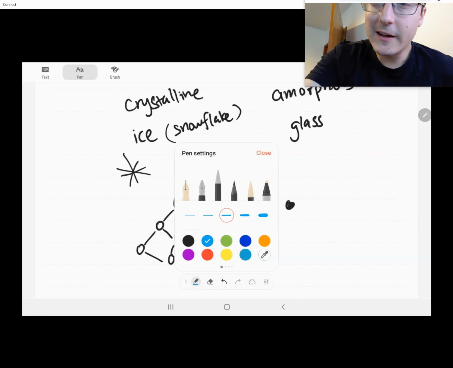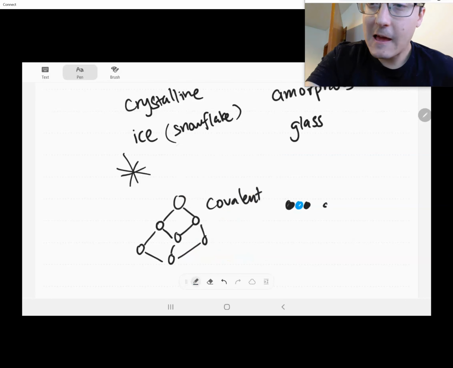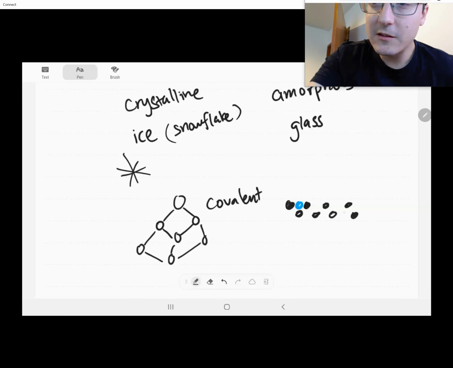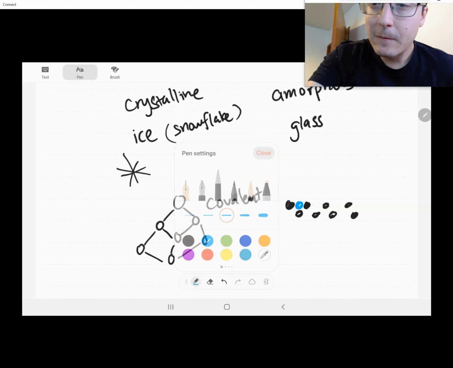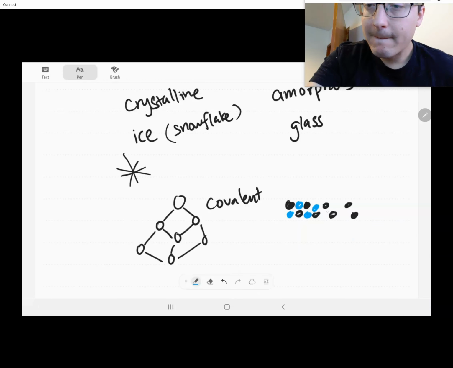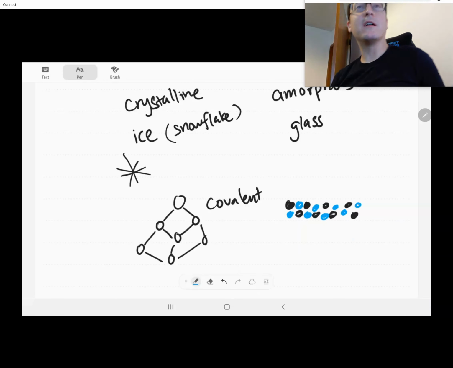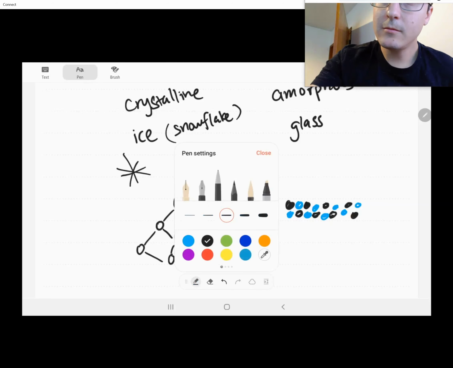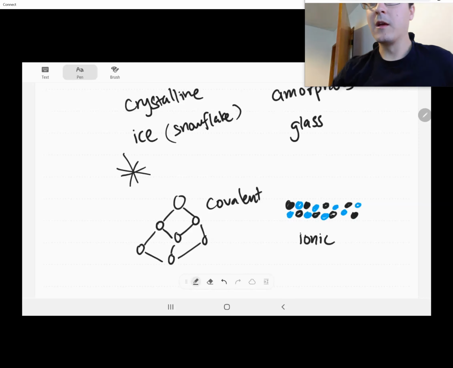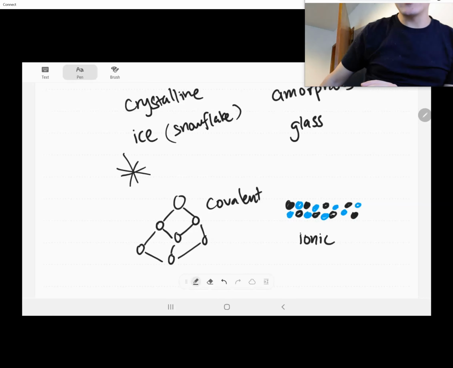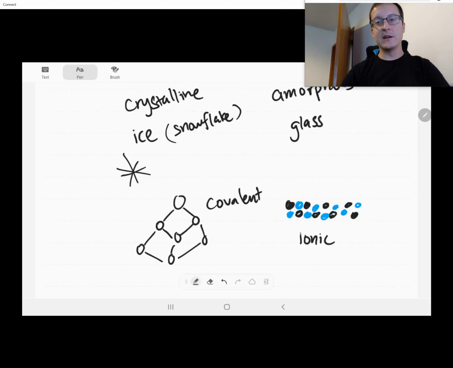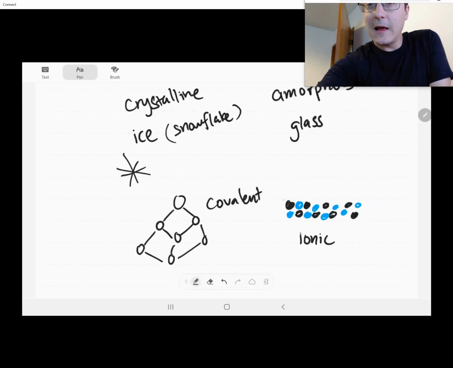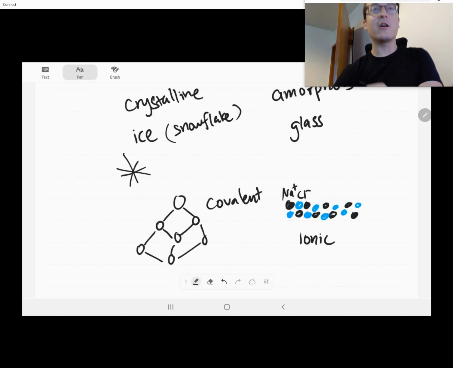And you might have seen ionic solids before, where we have positive and negative. I'm just going to do like 2 rows because it's going to take forever. We can have alternating positive and negative, like this. So this is why we don't necessarily talk about ionic compounds as molecules, because this might be sodium and that could be chloride.